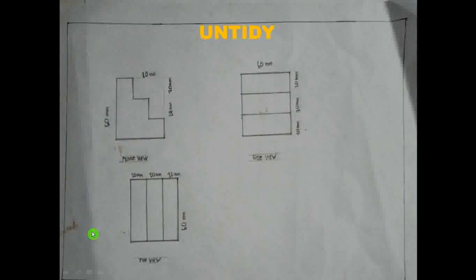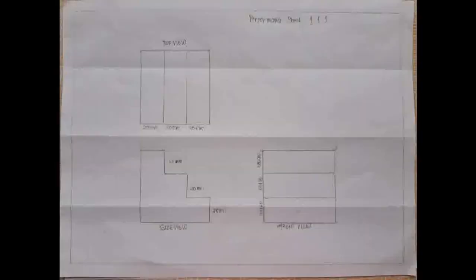Make sure that your drawing tools before using them are clean, and the space that you are working at should also be clean to avoid untidy performance outputs. In this example, the performance output is even folded, which makes it untidy.